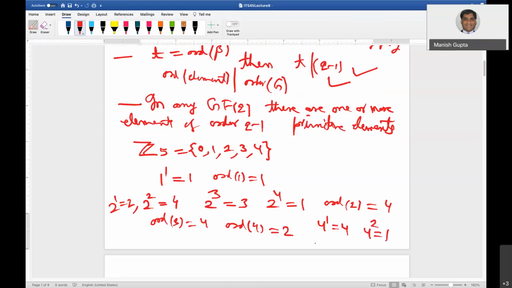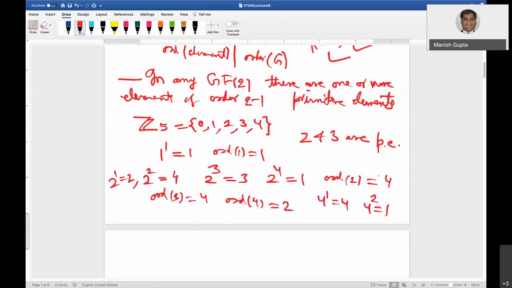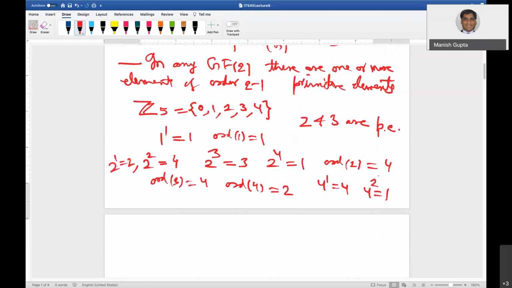So 2 and 3 are primitive elements here. Any question at this point? I hope you understand the meaning of a primitive element.